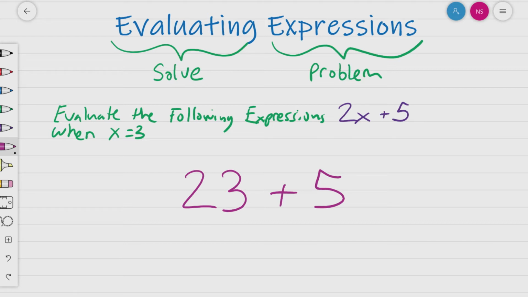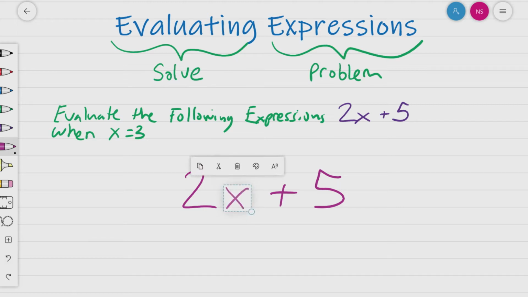Substitute any letters with the value that they gave us for that letter. That is half true, okay? Because if you follow that exactly like I said it, you'll get this, 23 plus 5, which is wrong, folks. You can't be doing this.